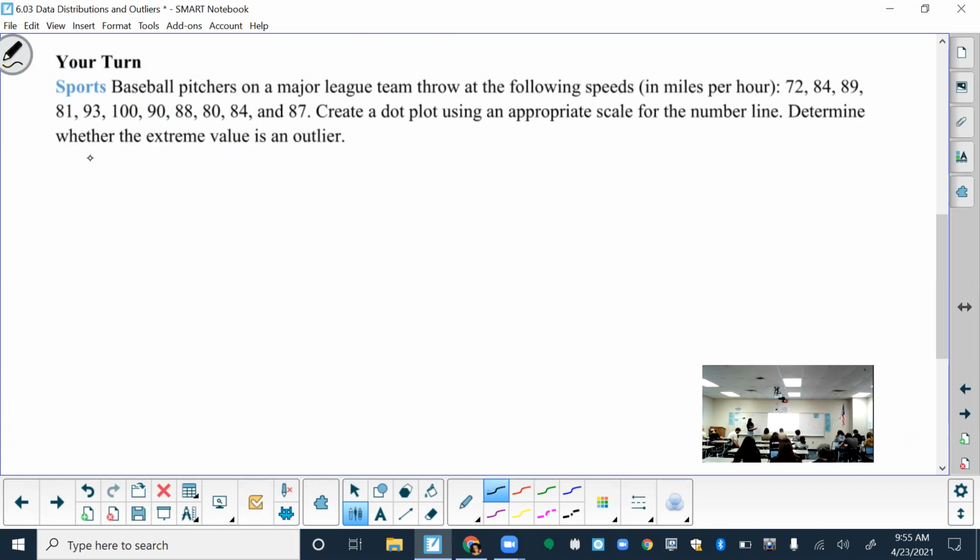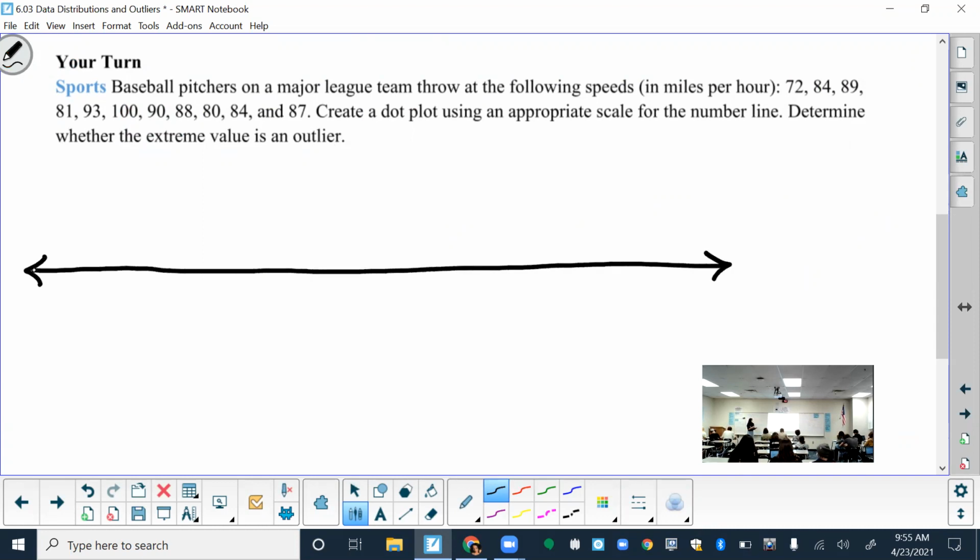So first, let's make our number line for our dot plot. And we need to figure out what we want our dot plot to start at and end at. So what's a good starting value? I would say 70, just because it's all right for it to be a little bit bigger.